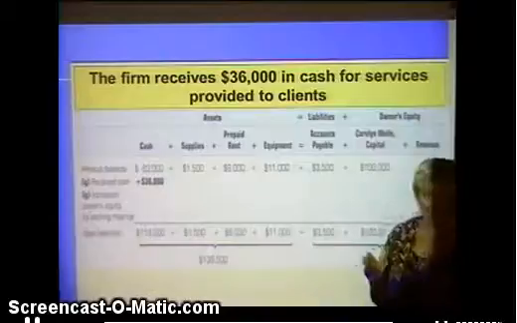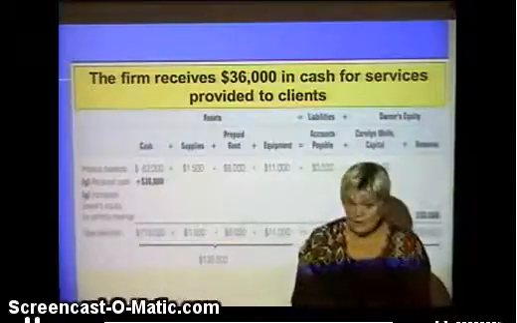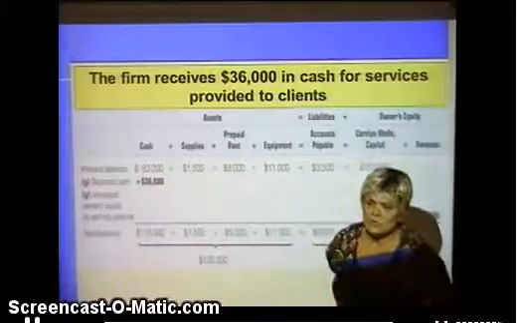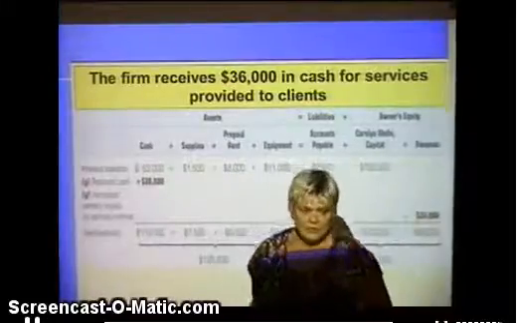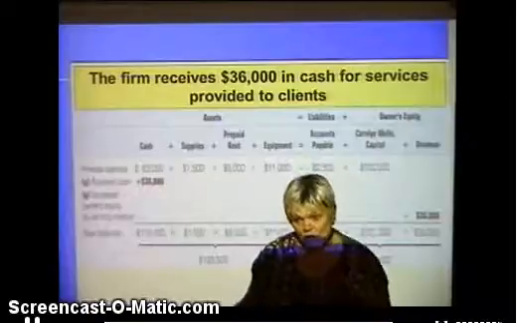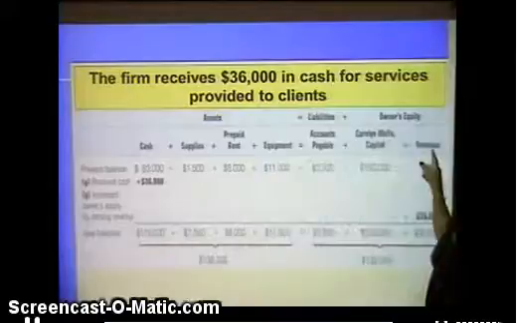So we know how we're doing. We want to know if we're making money. And at the end of each month, we want to do a profit and loss or an income statement. When we do that, we're going to show everything that came into our business as revenue over here.